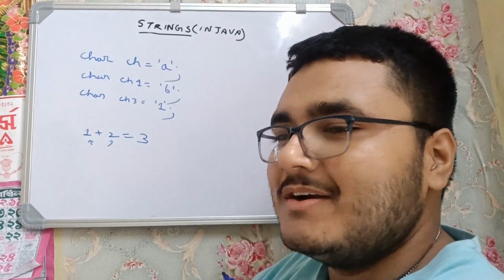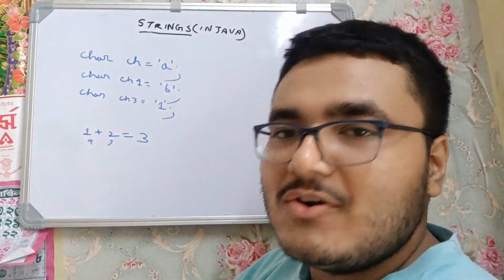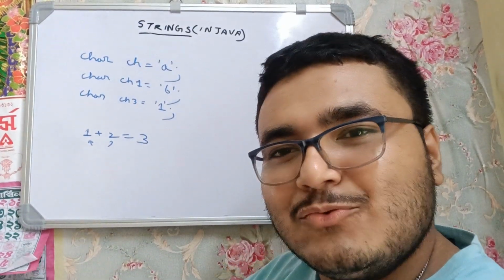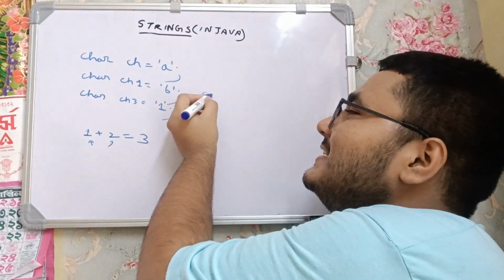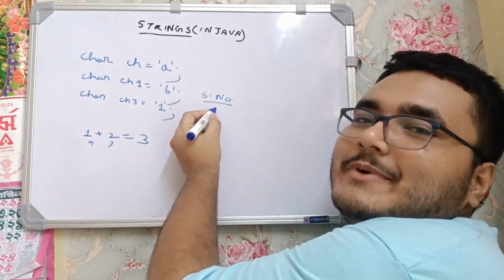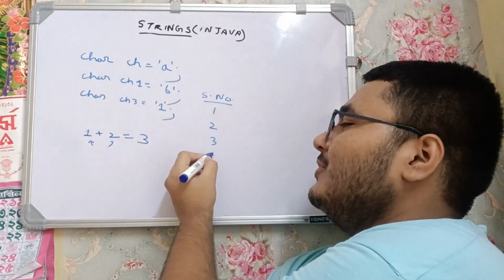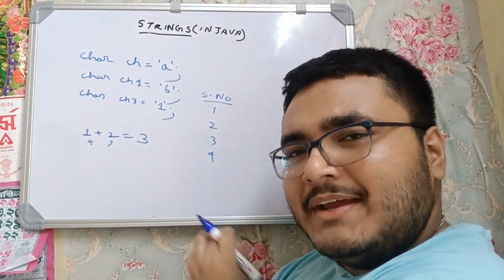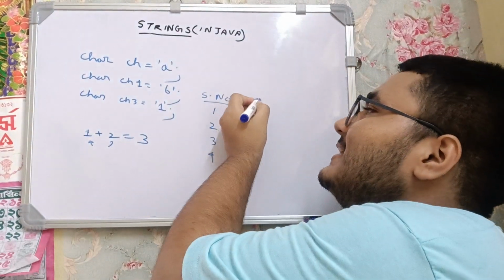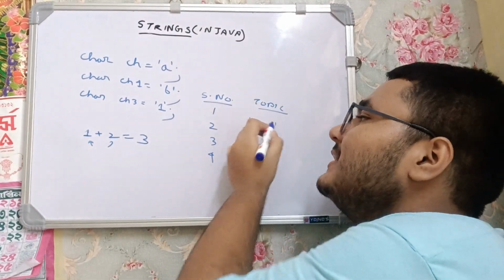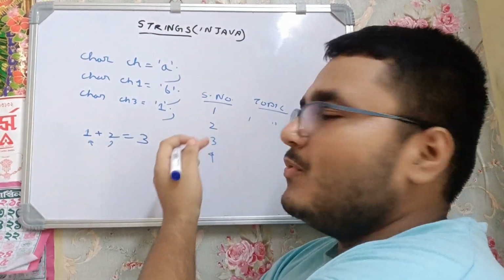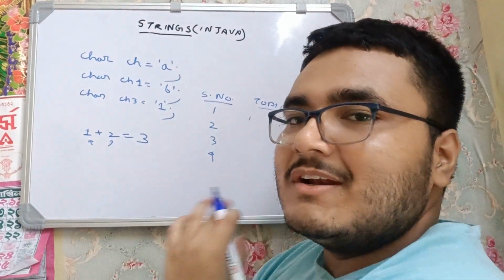But when you are not making any calculation, say you are storing serial numbers 1, 2, 3, 4, you just have some topic and you want to store it at serial number 1, this topic comes, at serial number 2, this topic.